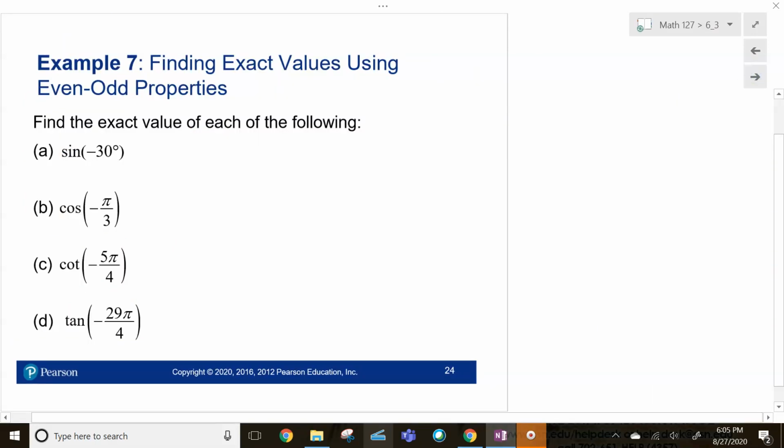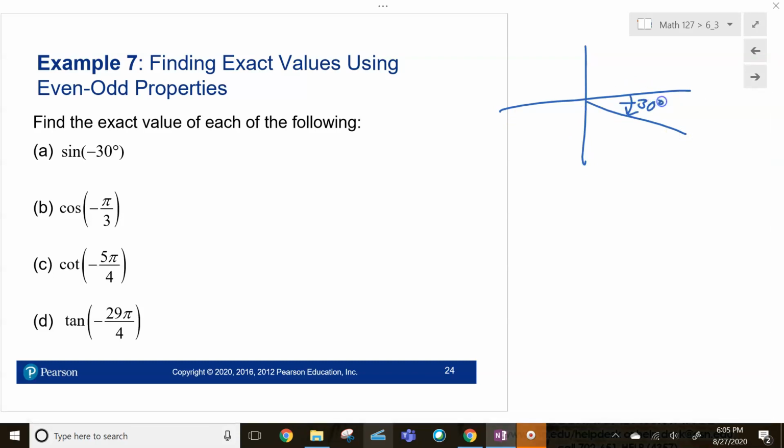But let's look at these here. Find the exact value of each of the following. According to the last slide, the sine of negative 30 degrees, and I know you can just do it, right? You can just say, well, negative 30 degrees is right here, what's the sine? Yeah, it's negative 1/2.